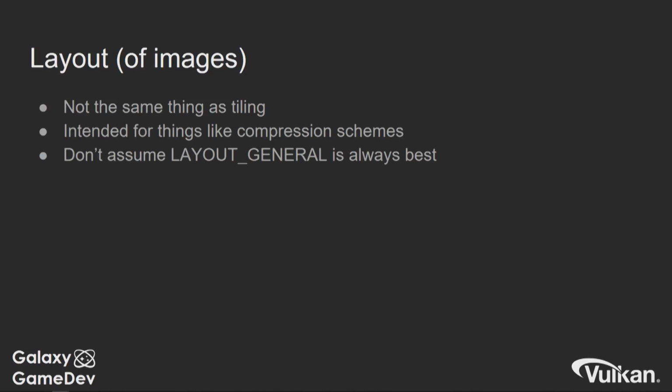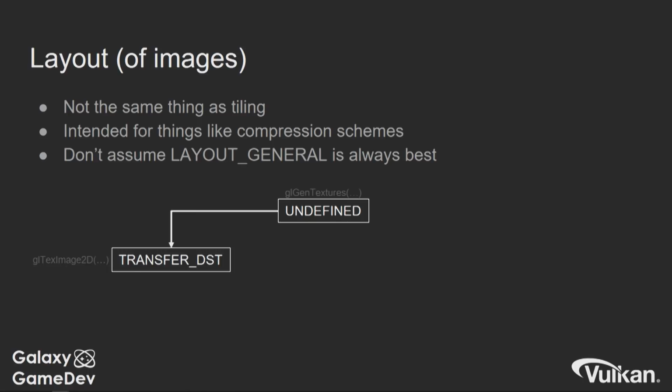Here are some of the most common layout transitions. When you just create your image, it is in undefined layout, and there are two ways to use it. If it's a shader texture, you need to upload data to it first. At that moment, you should specify transfer destination layout, and then after setting shader read-only layout, you can use your image as a texture in a shader. The second way of usage is as a render target.